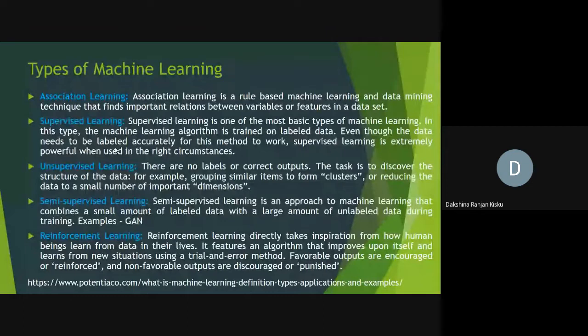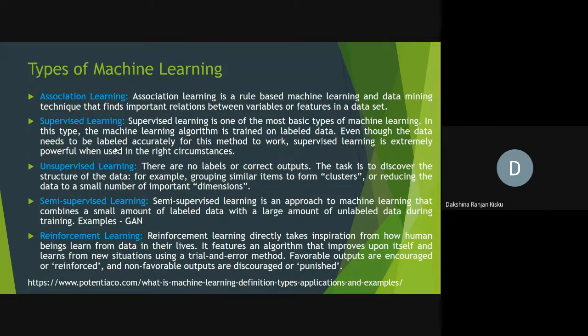Okay, so now we will see the types of machine learning algorithms. What are the different types of machine learning algorithms that we can deal with? There are five different types: association based learning, supervised learning, unsupervised learning, semi supervised learning, and reinforcement learning.